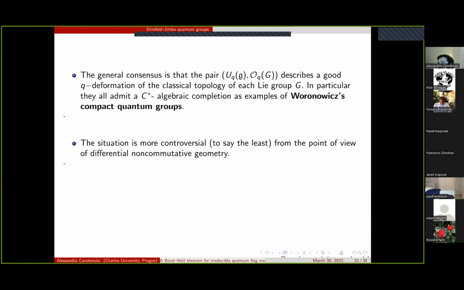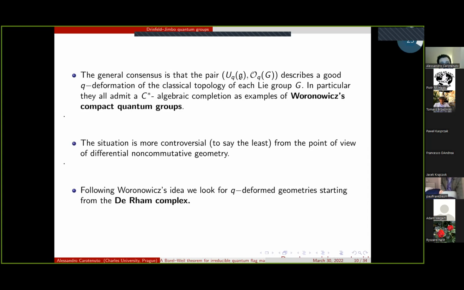There is no known construction of spectral triples of such kind, even for the simplest case, that is O_q(SU2). This happens because if we follow Woronowicz's idea to look at q-deformed geometry starting from the de Rham complex, as we shall see in a moment, we fail for the case of the quantum group O_q(G). And I guess this is a moment to ask if there is any question.